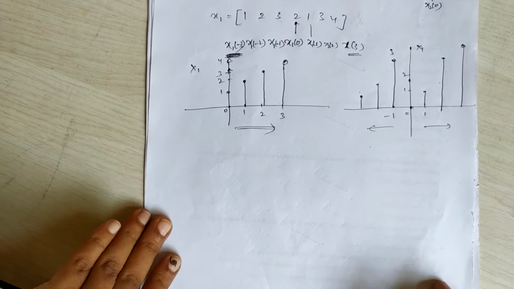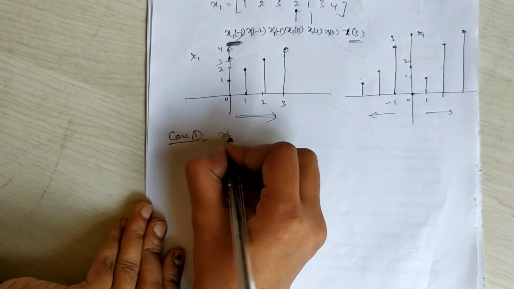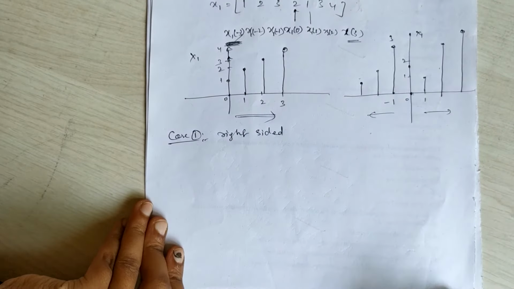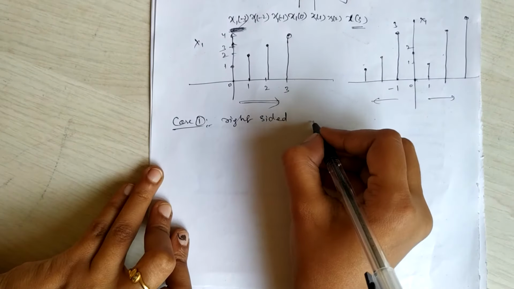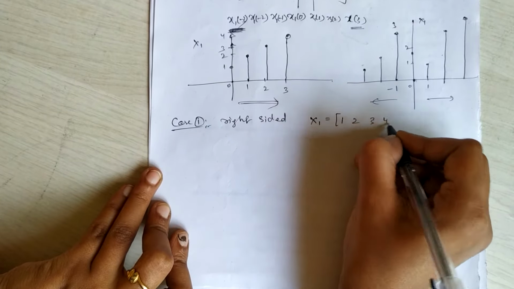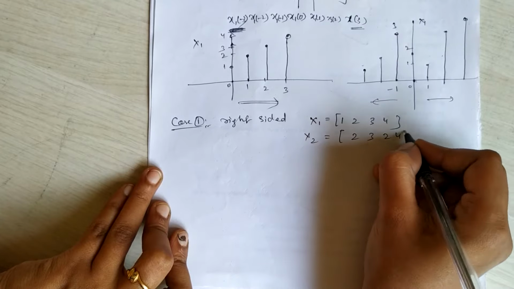Now how to write a program for case 1, when both the sequences are right sided, and the input which you are going to provide is x1 of 1, 2, 3, 4, and x2 is 2, 3, 2, 4.